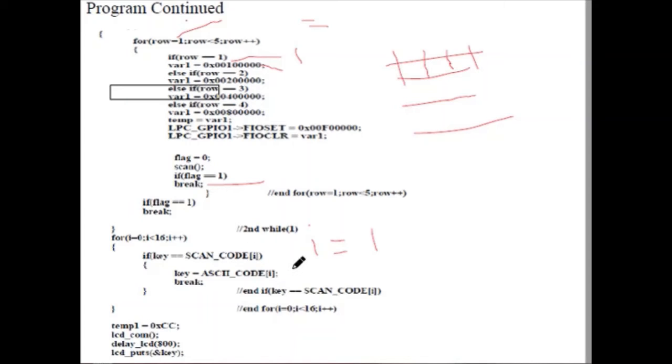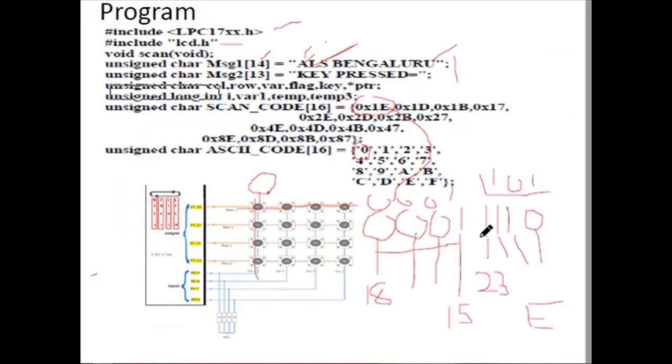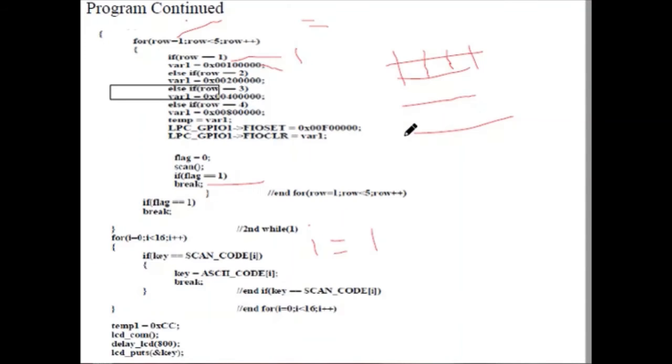If key is 1, key will be equated to what value? The ASCII code of I. What is the ASCII of 1? That is shown here. This is 1, and 1 corresponds to 1D, right? So that is the ASCII code. If you do this for all the 16 pins, all 16 pins will be scanned.